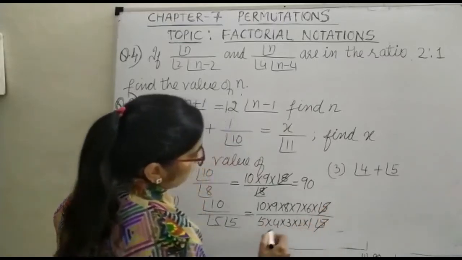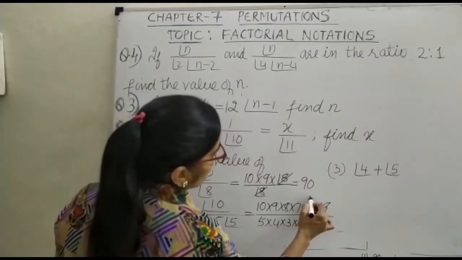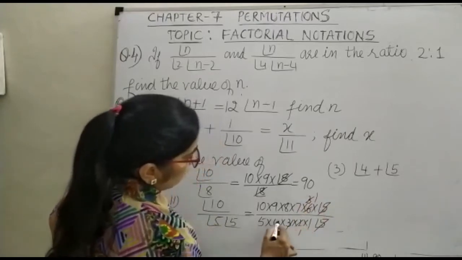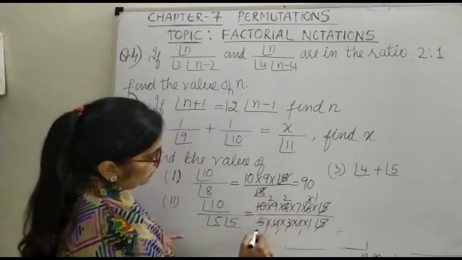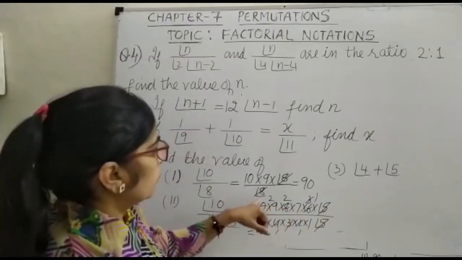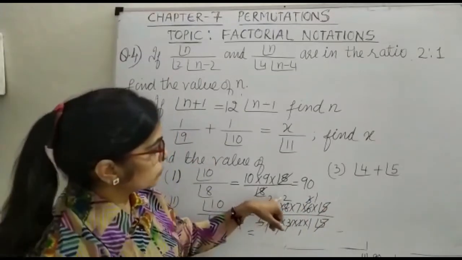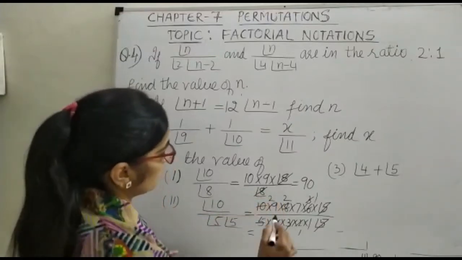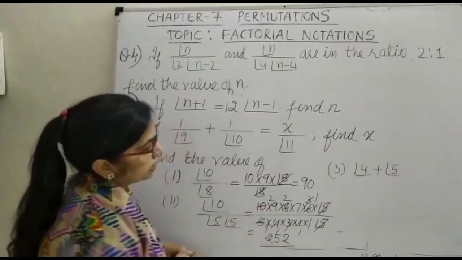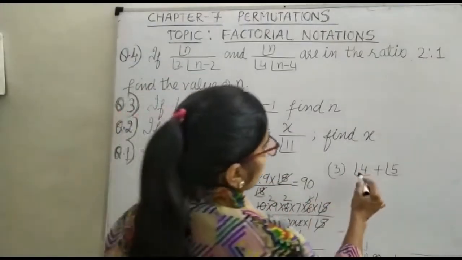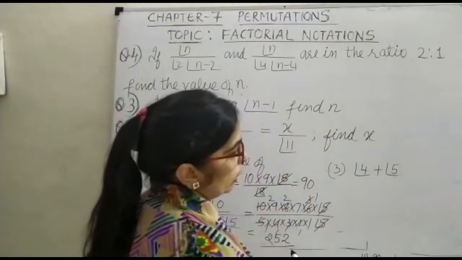So this gets cancelled. 2 1s are 2, 2 3s are 6, again we can get this 3 cancelled, 4 1s are 4, 4 2s are 8, 5 1s are 5, 5 2s are 10. So you can see here 2 9s are 18, 18 2s are 36, and 36 into 7 is 252, right?